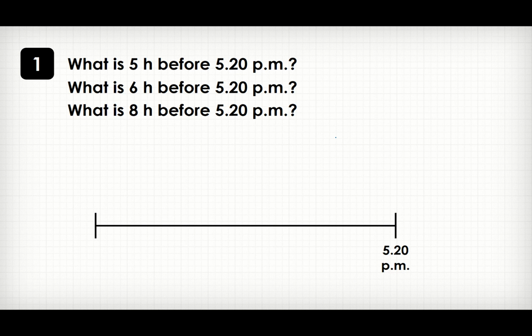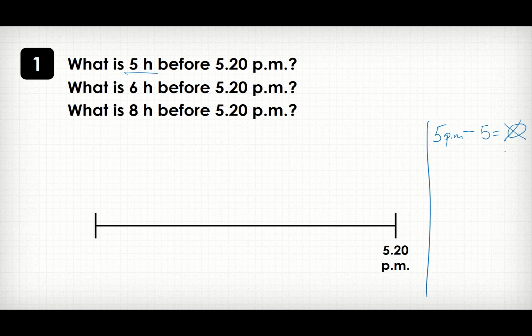Now, my first question: what is 5 hours before 5:20 p.m.? We want to count backwards by 5 hours. I'm going to do a little sneaky but incorrect but very useful kind of working at the side. 5 p.m., if I were to go back 5 hours, I can think of it as minus 5, and that will be 0.